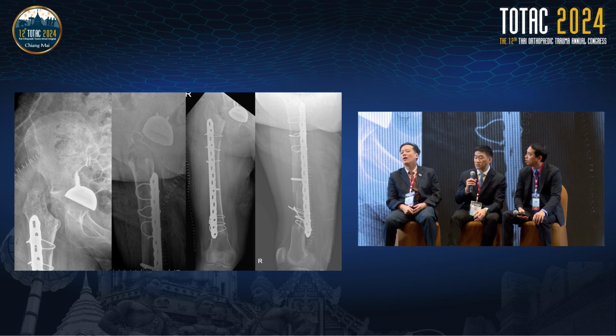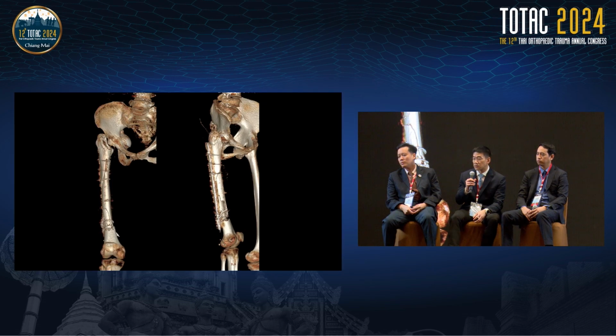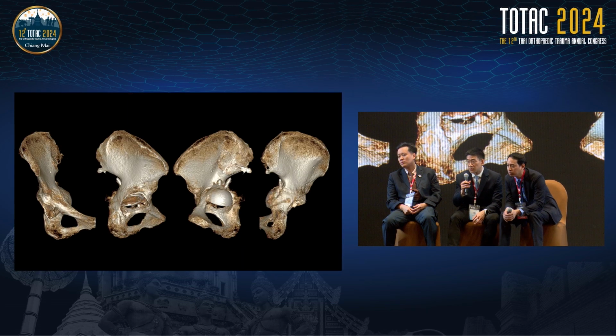Yeah. Okay. In my opinion, for the acetabular side, we have to separate the two problems. Can you go back to the CT scan? Yes. It looks like a protrusion with a breakage of the posterior column.